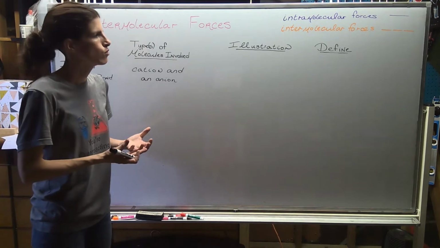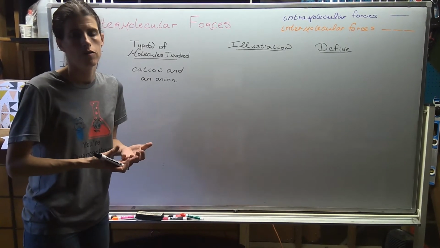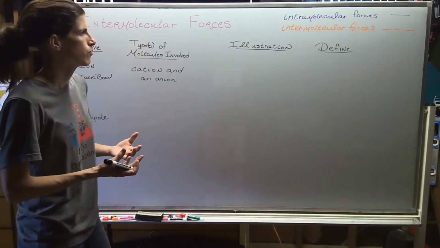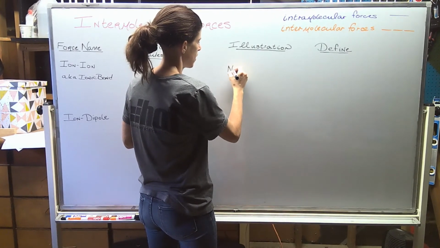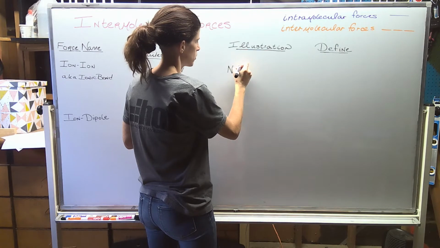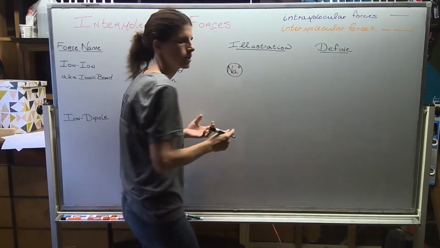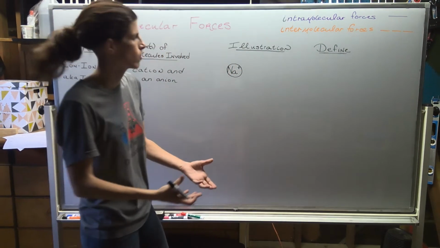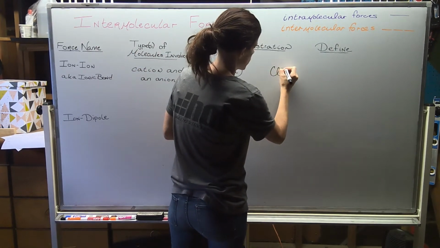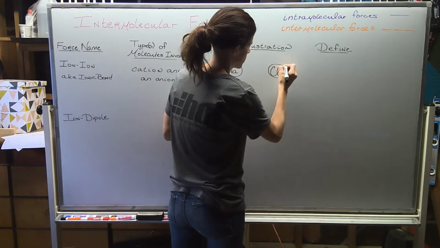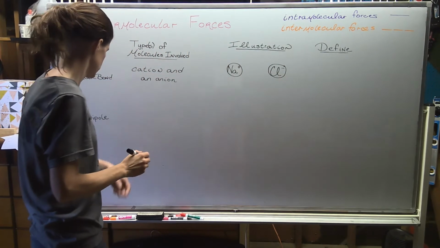Sodium chloride is a great example of ion-ion intermolecular forces. You have a sodium ion, which has a +1 charge because it's literally lost an electron, and then you have chloride, which has a -1 charge because it gained an electron.